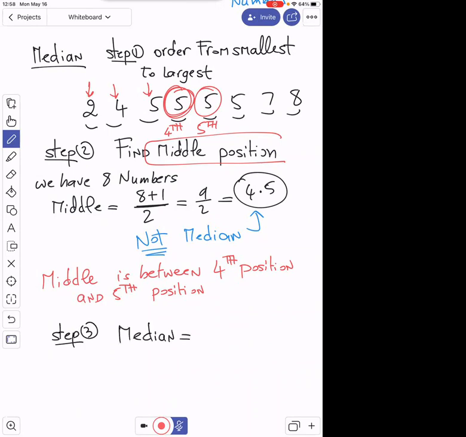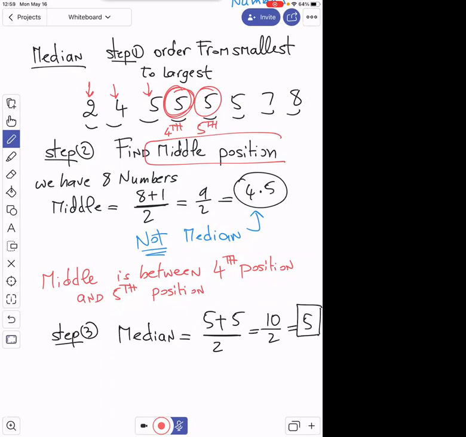You take the number at the 4th position, 5, plus the number at the 5th position, which is also 5. It's just a coincidence that we have the same number at both positions; in general you will have different numbers. So it's 5 plus 5, and you always divide by 2. Here it's 10 over 2, so the median is 5.